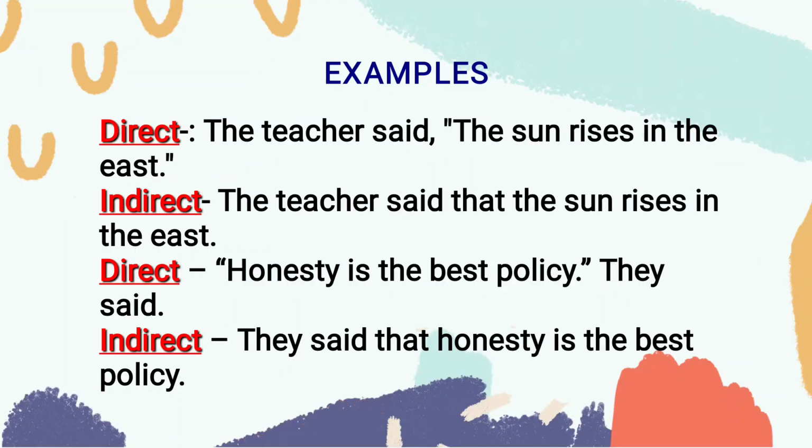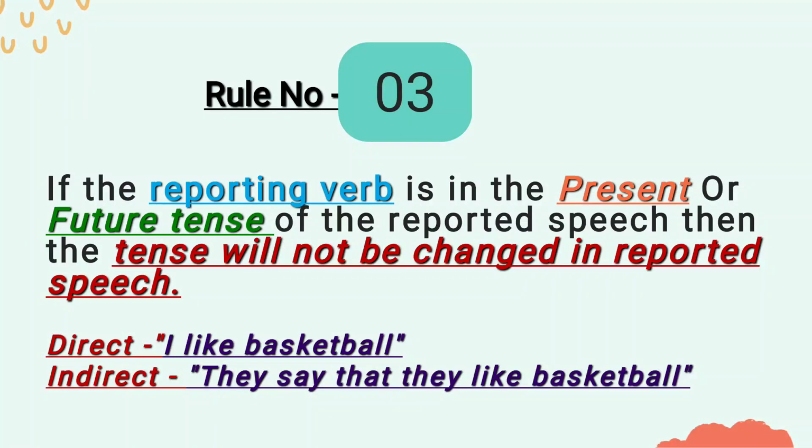So, in indirect, again, they said that honesty is the best policy. So, when the reported speech is a habitual action or a universal truth, in that case, we shouldn't change the tense of the reported speech.